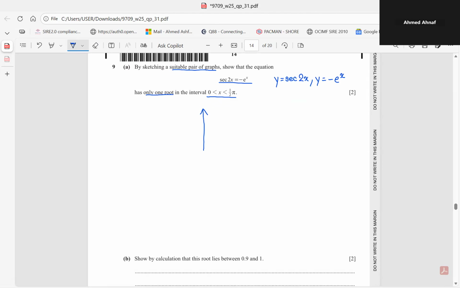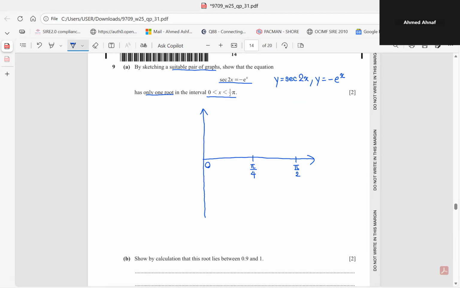So this is 0, pi over 2, and the midpoint would be pi over 4. Okay, so to draw the first one, y equals secant 2x, we're just going to substitute values. Let's substitute 0 first.